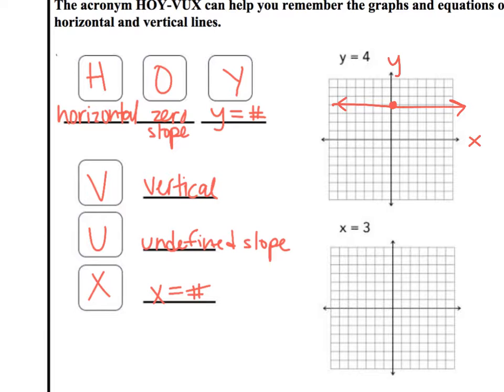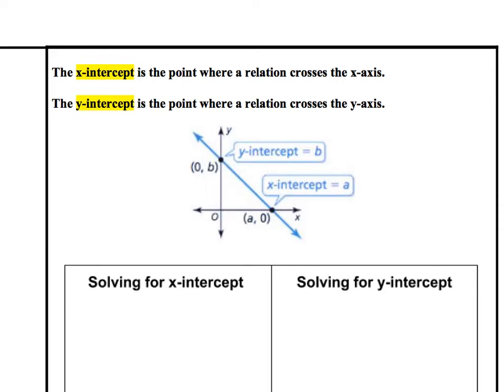Because vertical is undefined and x equals a number, so we go to our, you can label x and y, my x-axis, and I go to 3, and I draw a vertical line. Because at every single spot on this line, x is equal to 3, it is cutting through 3 on the x-axis. The point where the line crosses the x-axis is the x-intercept.